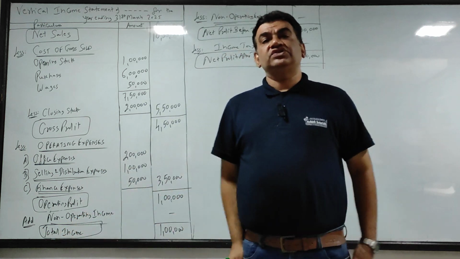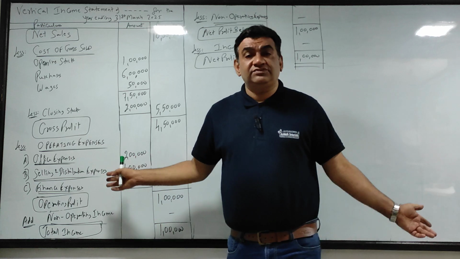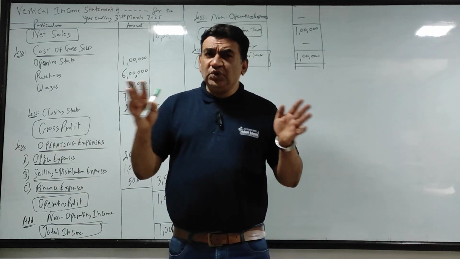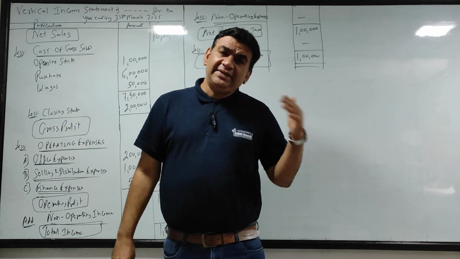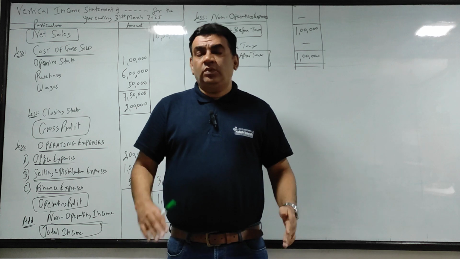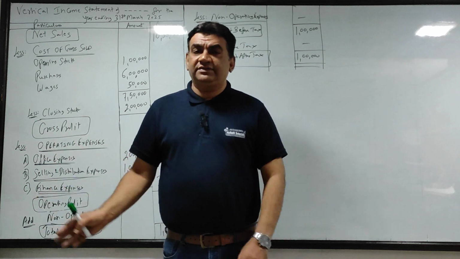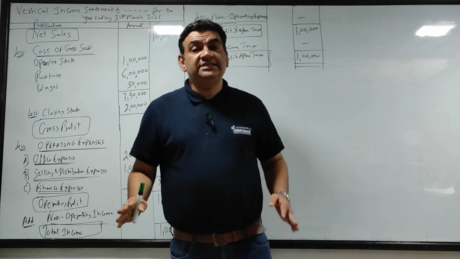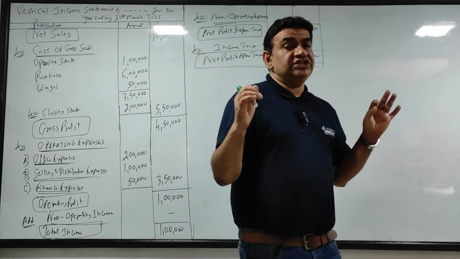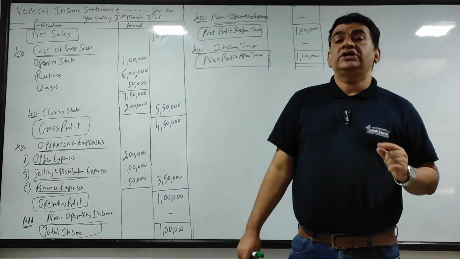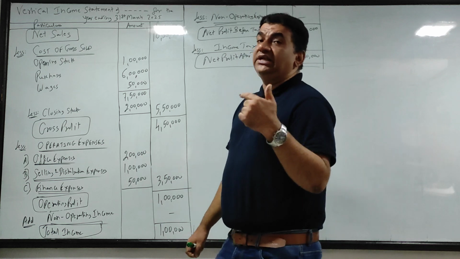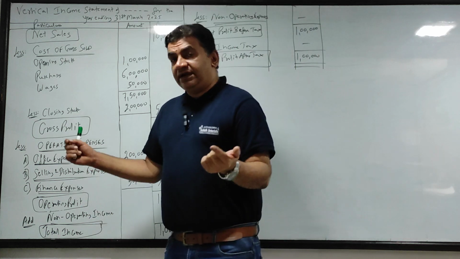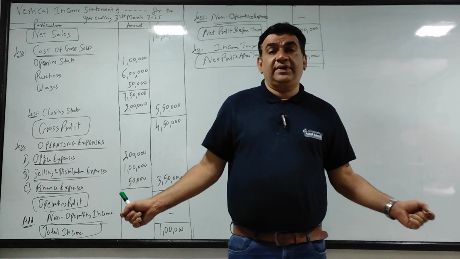Got it, guys? So this was vertical income statement. To avoid more confusion, I made a separate recording for balance sheet, vertical balance sheet, and separate for income, so you can watch it aram se. So that's it, guys. We discuss in this session how to convert your trading profit and loss into vertical format, that we call it as vertical income statement.